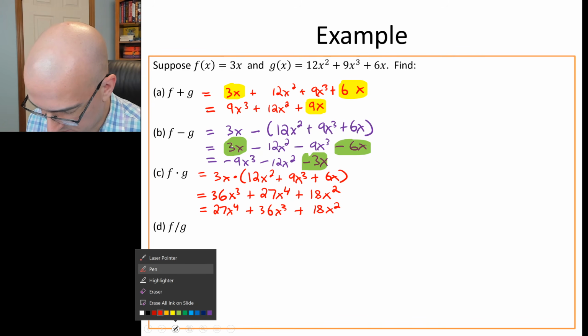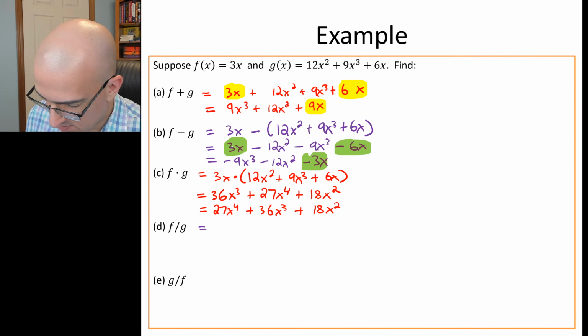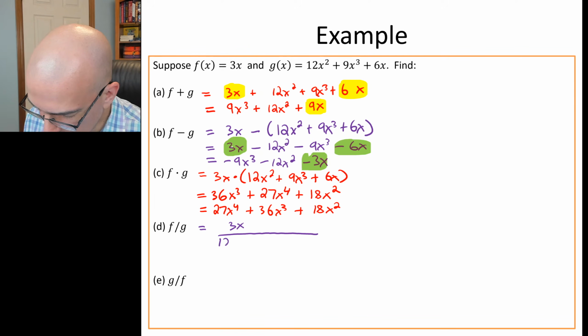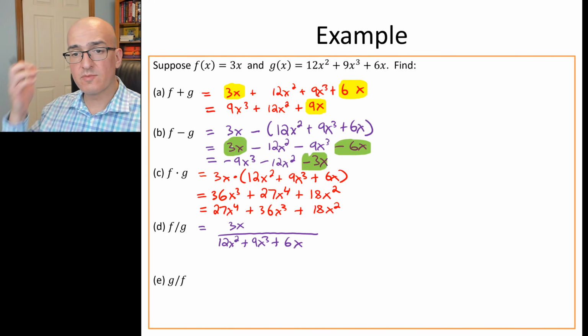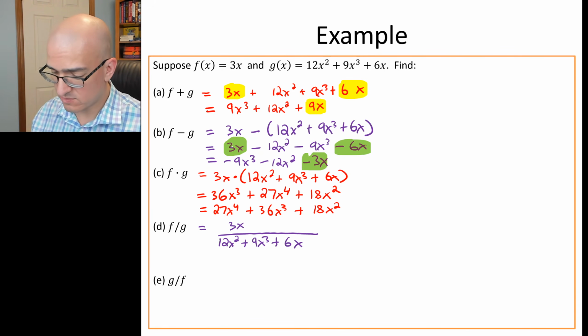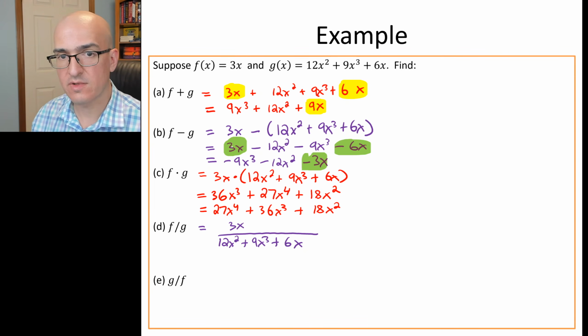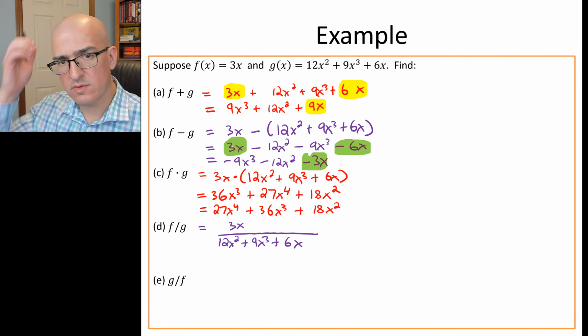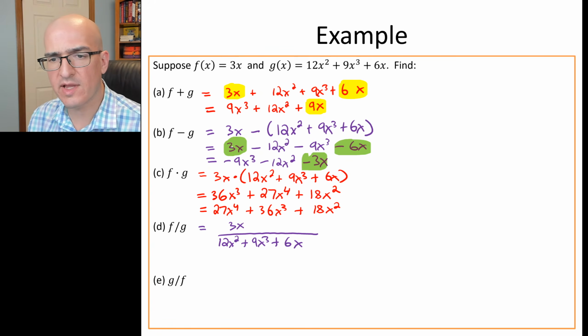I'll switch back to purple. So that's going to be 3x divided by 12x squared plus 9x cubed plus 6x. That's the answer, but we can do some other stuff. It can be simplified, but I won't. I was tempted, but I don't feel like it.